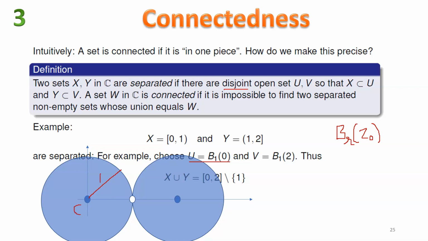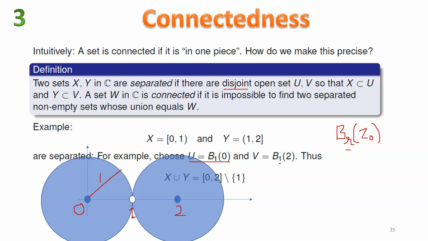So this is the origin, this is a point having coordinate 1, this is 2. Here we are considering a circle of radius R equal to 1, centered around the origin. So this is the circle under consideration. And V is B_R(Z0), where R again is 1 and it is centered around the point 2.